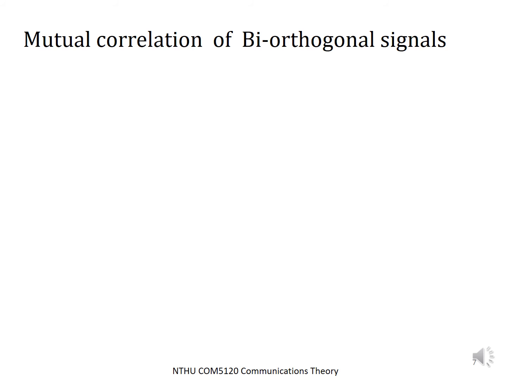Let's take a look at the mutual correlation of bi-orthogonal signals. The correlation of bi-orthogonal signals takes three different values: -1, 0, and +1.